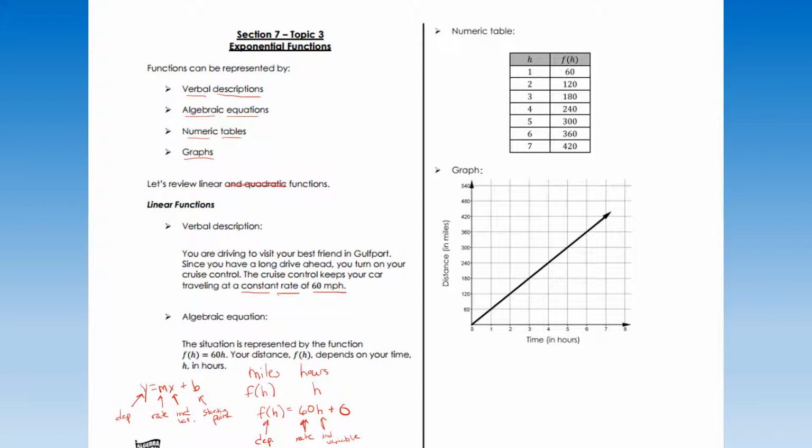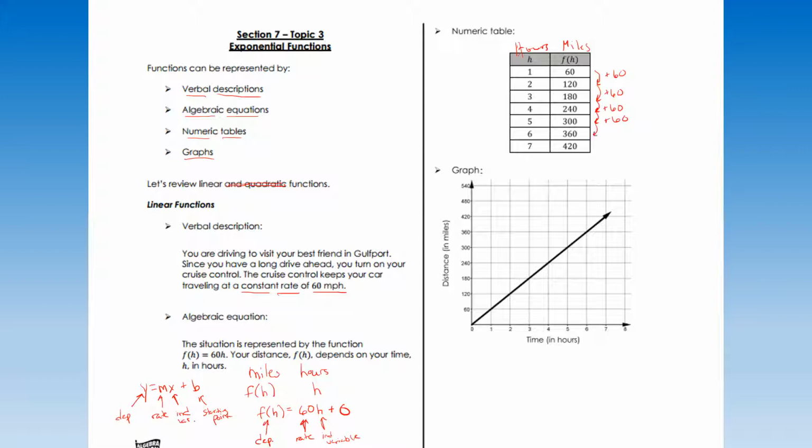Now, what does that look like in a table? Well, over here, we've got our hours. And here, f of h is our miles, right? So the table is showing every hour. So after every hour that we drive, we're increasing the distance by 60 miles. So we're adding 60 miles every hour that we drive.